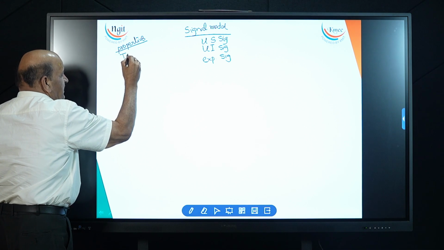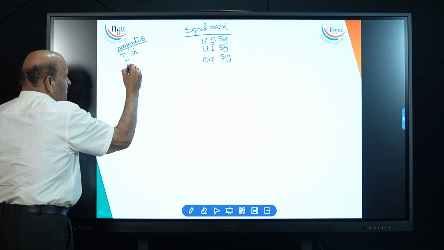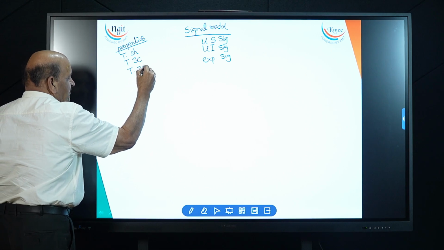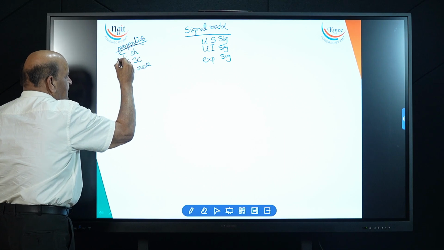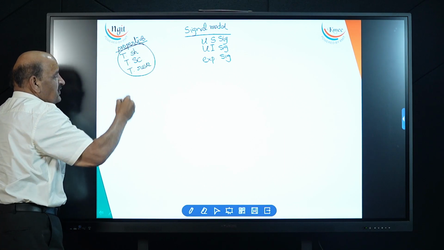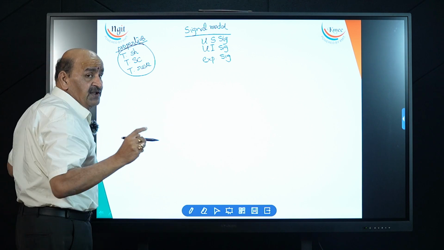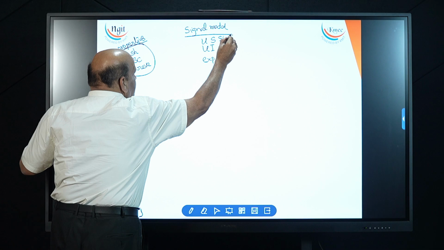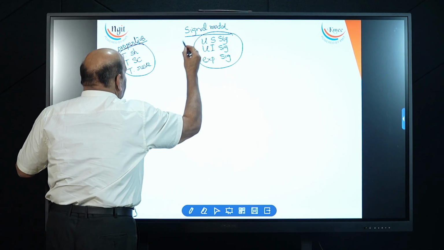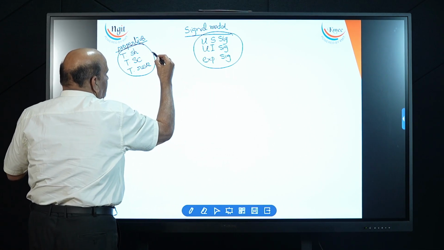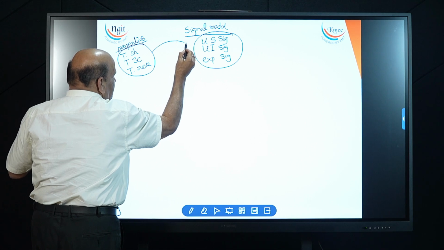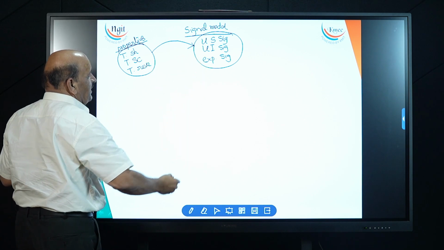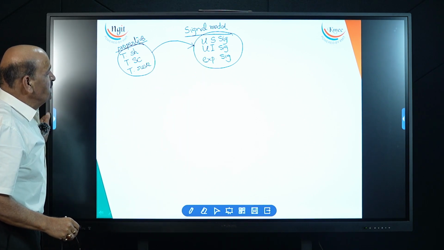That is time shifting, time scaling, and time reversal. These are the properties of signals, and these are different signal models. Now, taking one or two important properties, we analyze the impact or the output of these properties upon the signal models.